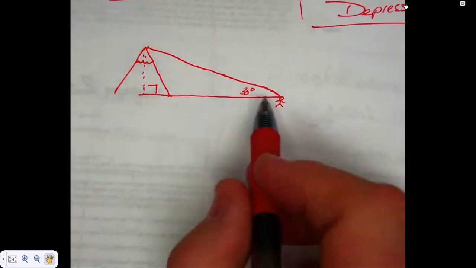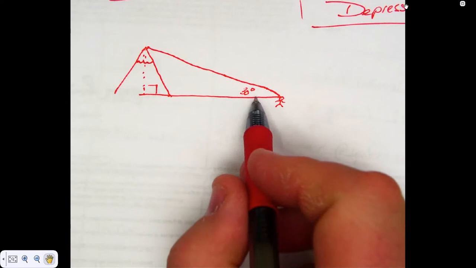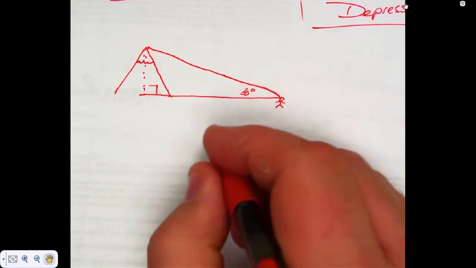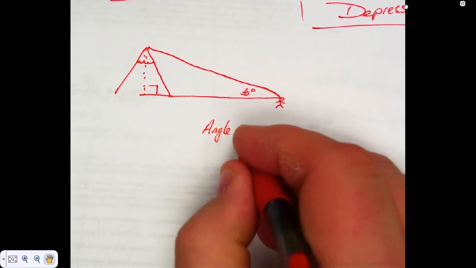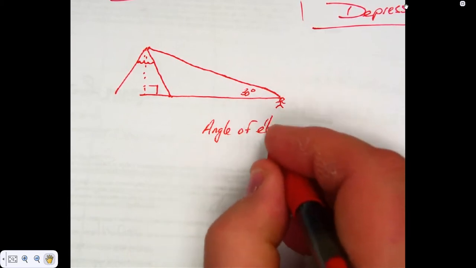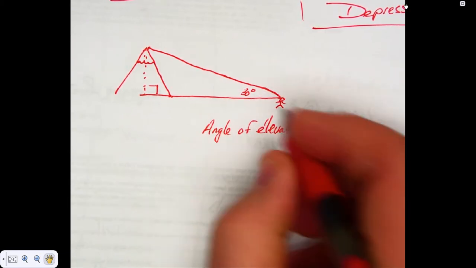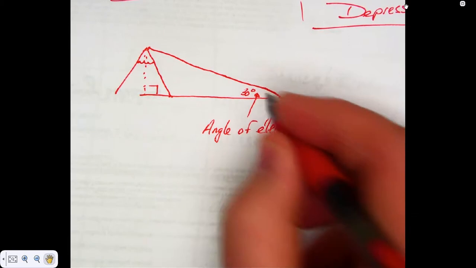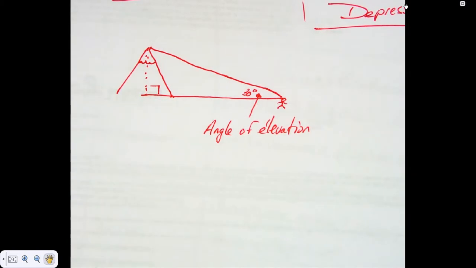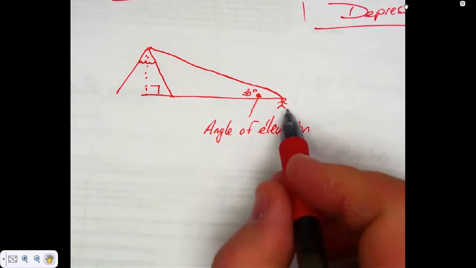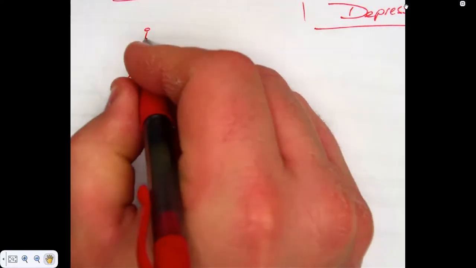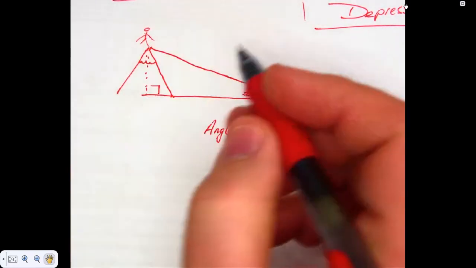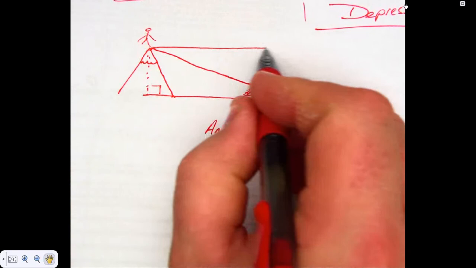Do you think this is an angle of elevation or an angle of depression? Because the person is looking what? From this perspective, it's an angle of elevation. However, say your brother already climbed it. He's sitting up here and he's looking down at you.